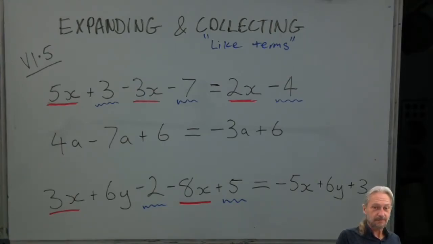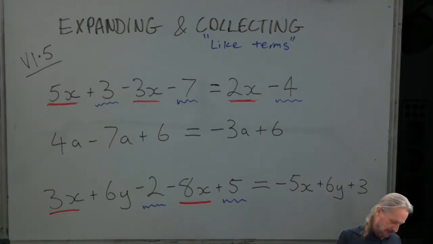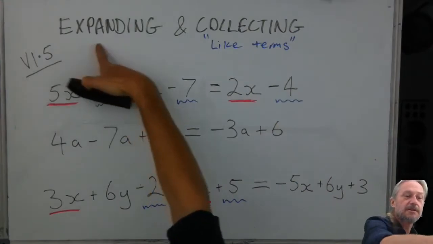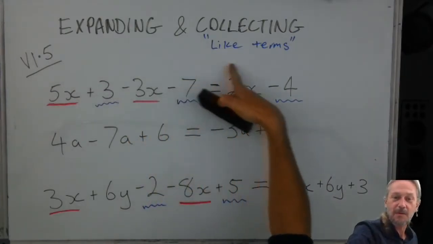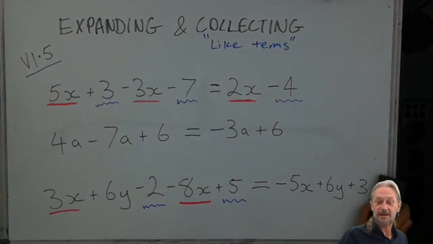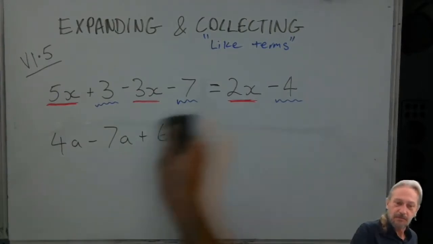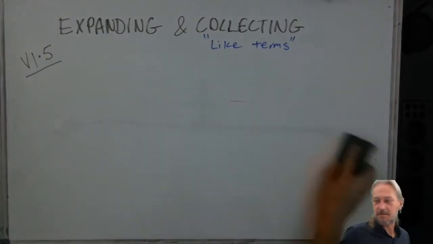Hopefully that's making sense. We've got 3 more examples, and these 3 examples also, first we have to do some bracket expanding, and then we collect terms that have the same likeness about them.